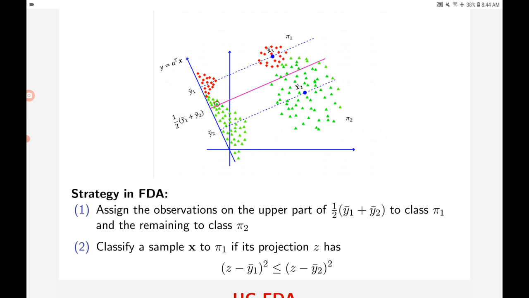In terms of formulation, we can say that we classify a sample X to pi 1 if its projection Z has (Z minus Y1 bar) squared smaller or equal to (Z minus Y2 bar) squared. So we basically just compare the distance between Z and the class means in the projected space.